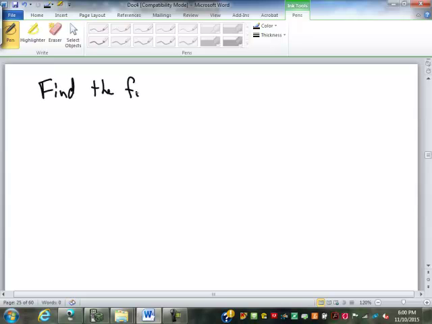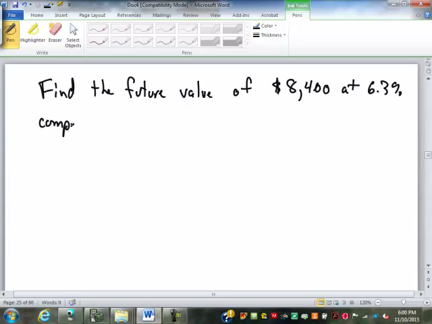Find the future value of $8,400 at 6.3% compounded quarterly for 9 years. See what you come up with. We'll discuss it in a minute.